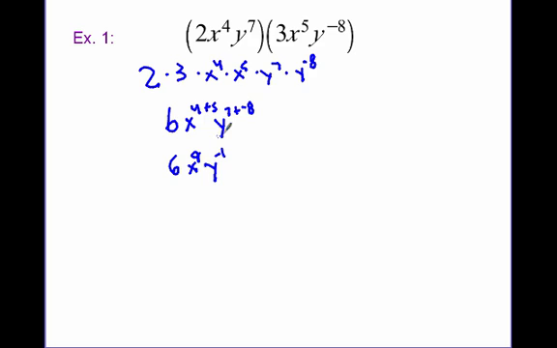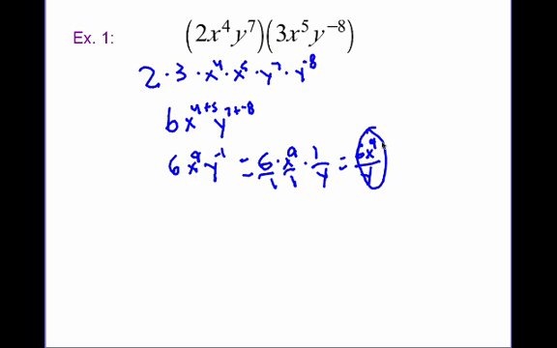All right, we've got a problem. This is a negative exponent. Don't want to leave it like that. Think of this as 6 times x to the 9th times 1 over y. Think of this as x to the 9th over 1, 6 over 1. So I get 6 x to the 9th all divided by y. That right there is my answer.